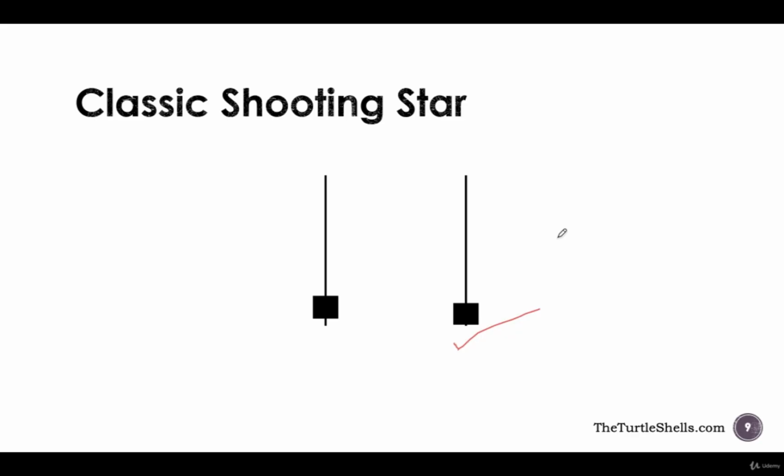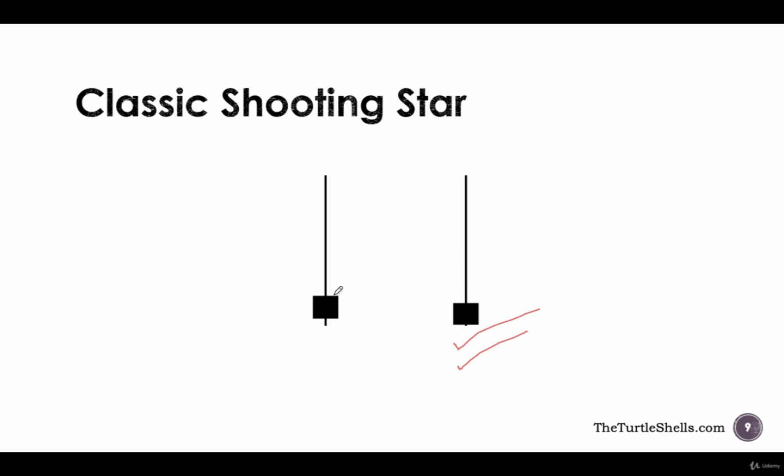Because the shooting star is a bearish pattern, the lower shadow represents some kind of bullishness. So on this candle, there is no bullishness. It's all bearishness as represented by the upper shadow. Here you still have some amount of bullishness. So given a choice between these two candles, I would prefer this as a very strong resistance point.